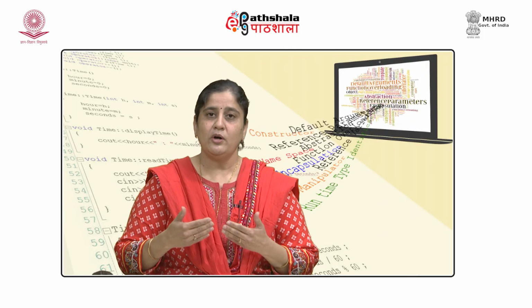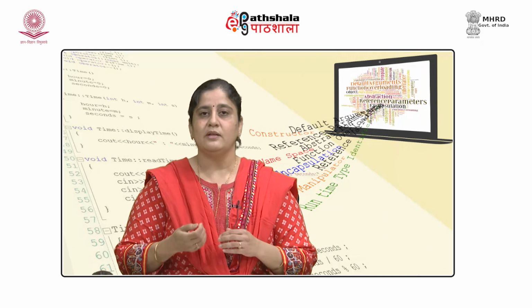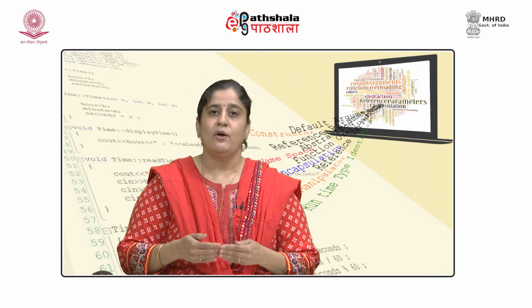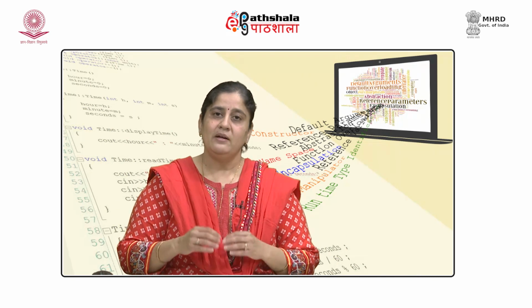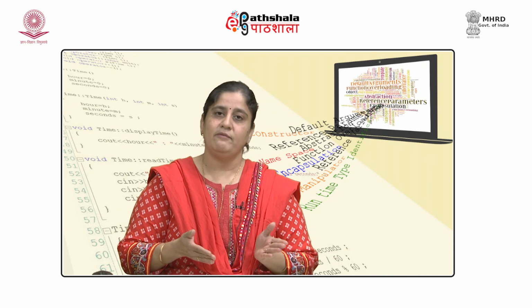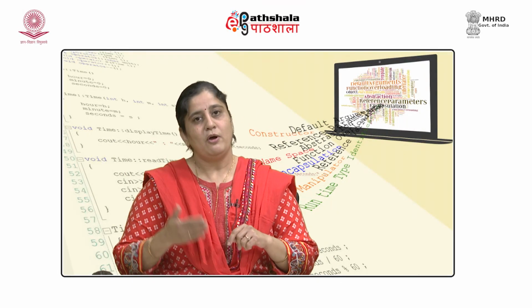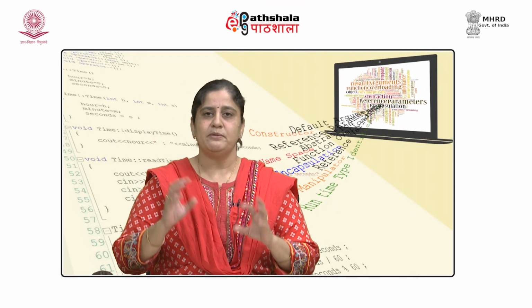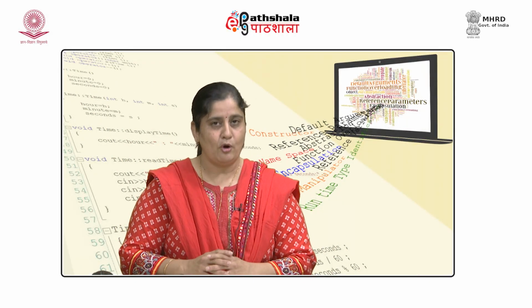Mixed mode operations do not work because the computer can add one integer to float. They work because before performing the operation, the compiler implicitly converts one variable of one data type to the type of the other data type. That means it makes the type of both the operands similar and then performs the operation.